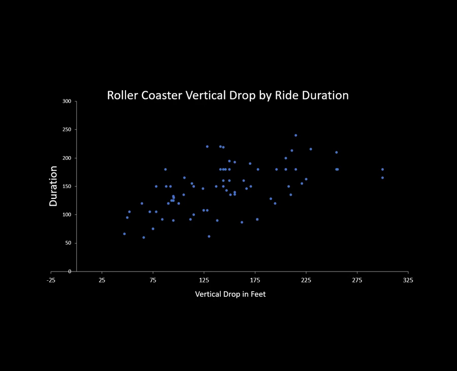Let's add a regression line to this. As you may recall from high school algebra, a graph drawn like this can be described by an equation that indicates the slope of the line and where it crosses the y-axis. That line is defined by this formula. B is the slope of the line, and A is the intercept, the point at which that line crosses the y-axis.